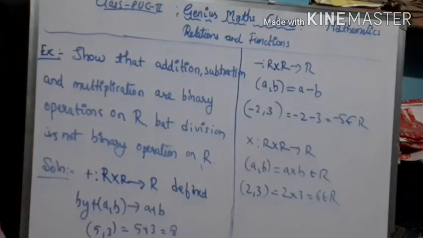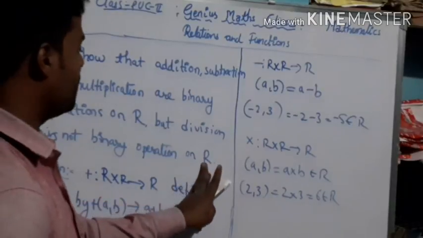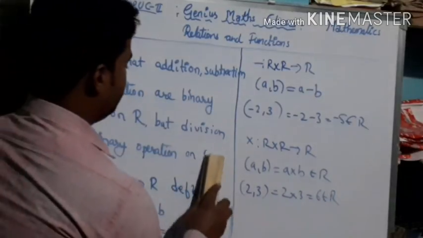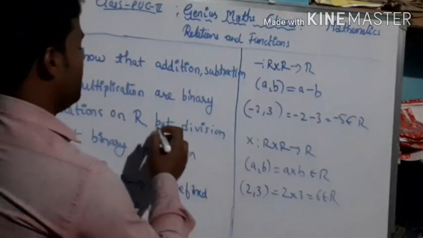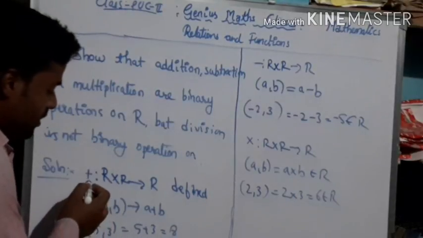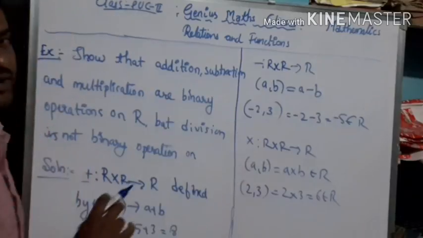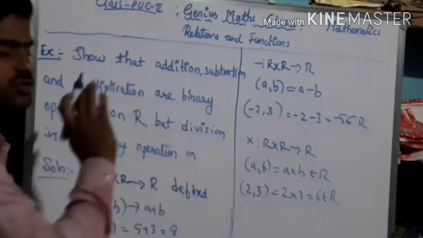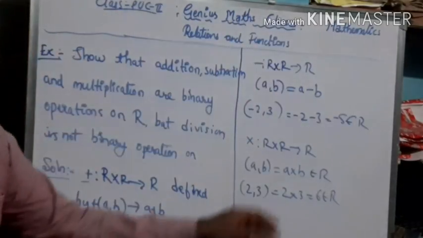But when you change the set, consider the natural numbers. When you change the set to natural numbers, you come to know that addition and multiplication are binary operations on natural numbers, but not subtraction.